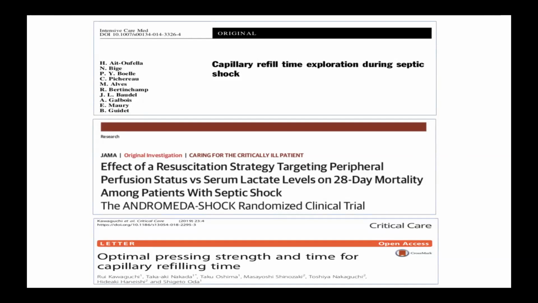In fact, the Andromeda Shock 1 trial looked at the resuscitation strategy which targeted capillary fill time versus a strategy of lactate clearance on the mortality in patients with septic shock, and found that capillary fill time was almost as good, if not better, as compared to the lactate targeted therapy.